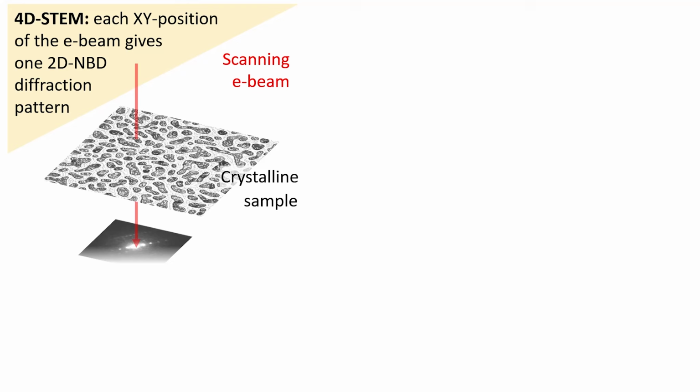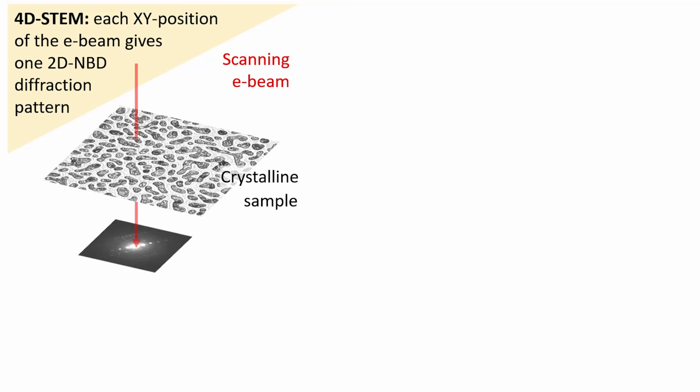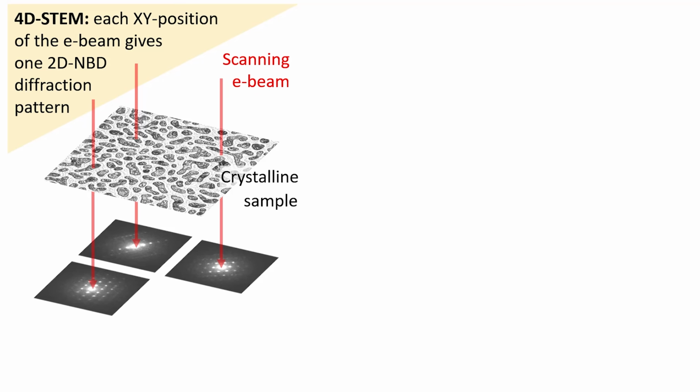The beam goes from, let's say, the upper left corner, point by point through the sample, and for every point we get a 2-dimensional image. If the beam is quasi-parallel, then the image, due to some physics behind, is a nanobeam diffraction pattern. So for every single position, we would get a diffraction pattern. This is a simplified scheme.